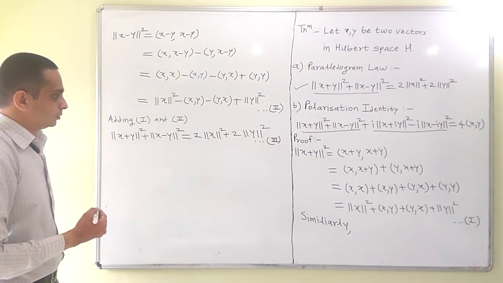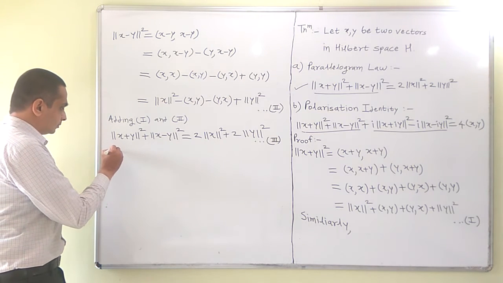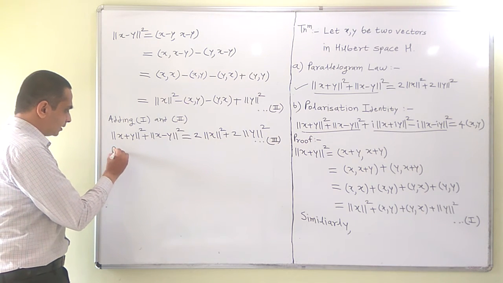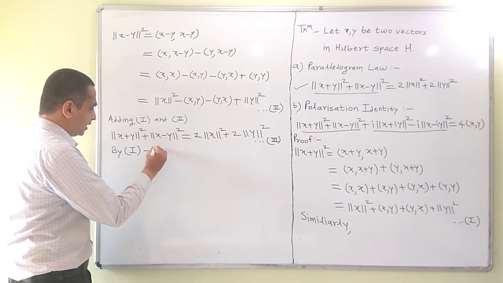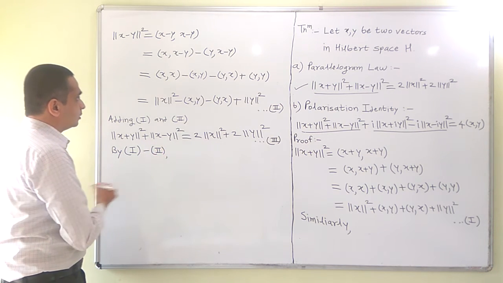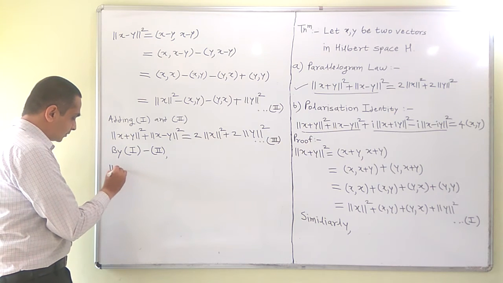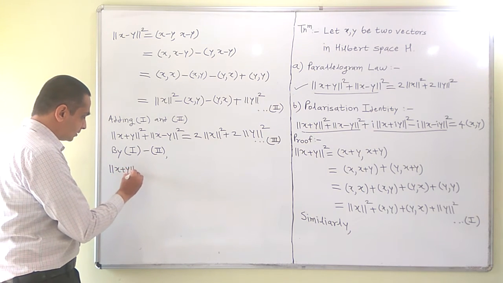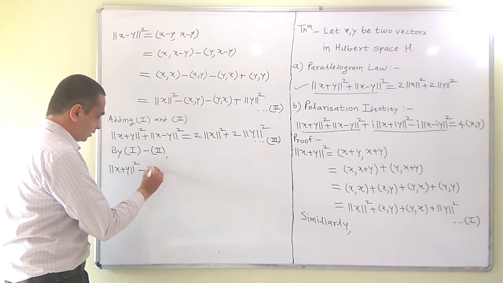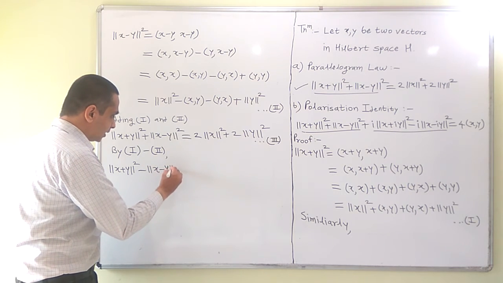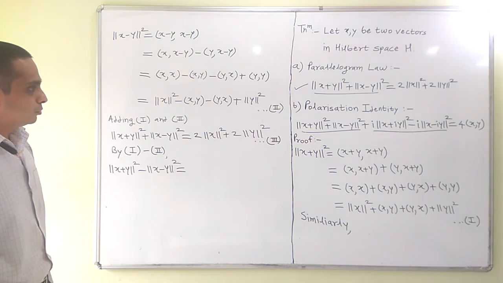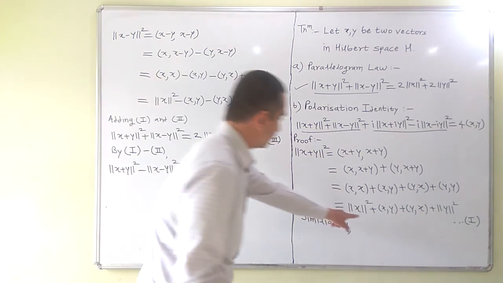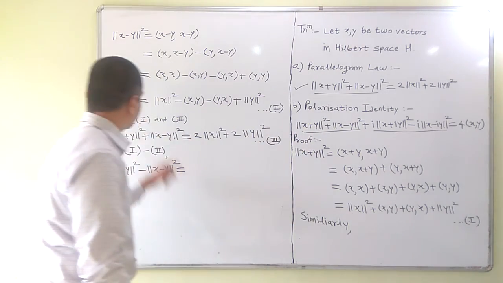So for that purpose, by first minus second, I will get norm of x plus y square minus norm of x minus y square equals, we are subtracting second from first.